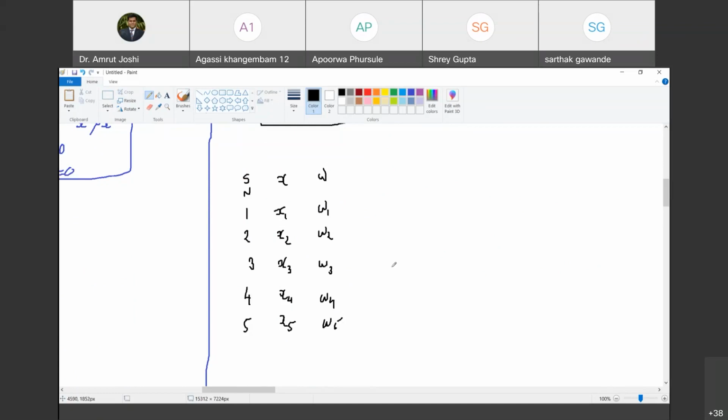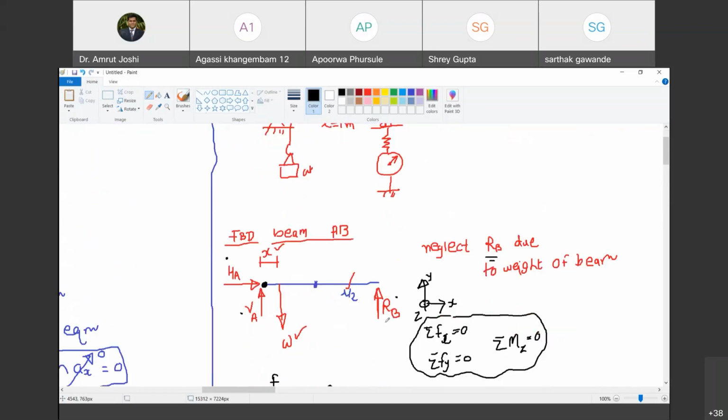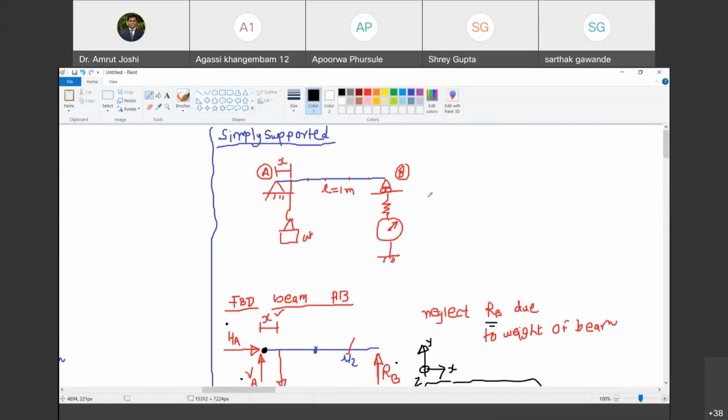Happy? Yes, sir. Now, tell me, when you don't have this W, what will be the reading on this weighing balance? 0. No. Self-weight reading. You neglected the self weight analytically. In reality, we do not neglect it.